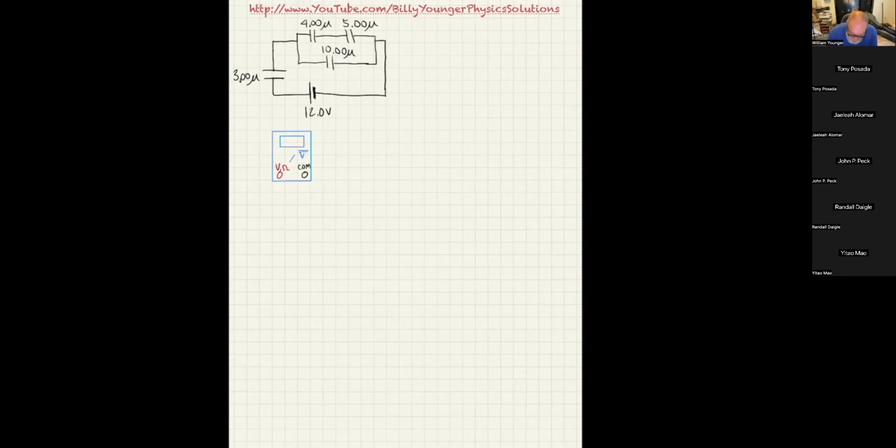So if I were to imagine taking a wire and sticking it right here, and then I imagine taking the red wire and sticking it right here, what it would read is 12.0 volts.